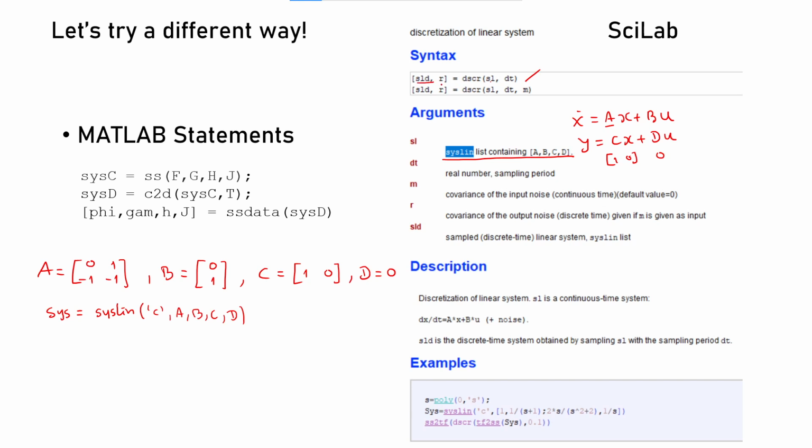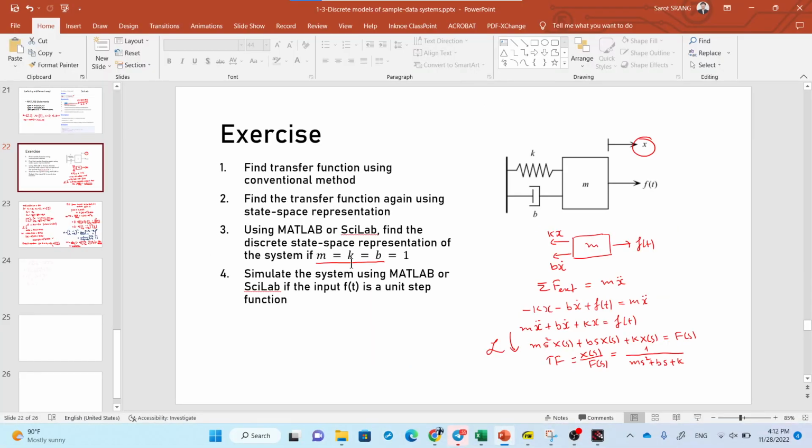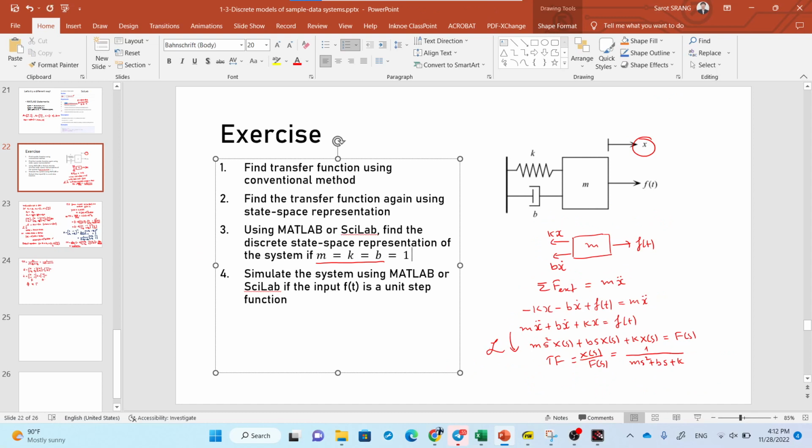This is the discrete system, and this one is the continuous system. And here is the sample time. In the problem I should give you the sample time as well, so let me give the sampling time T equal to 0.01 seconds.